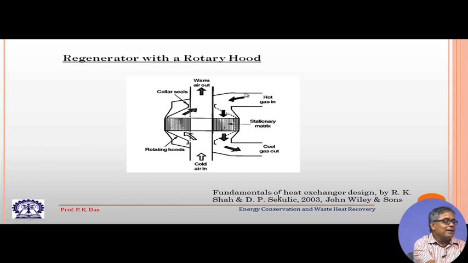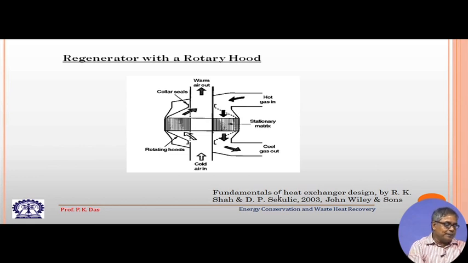So, that will make the hot gas pass through this part of the wheel, so that this matrix will get heated up, and next time this heat can be transferred to the cold gas. So, this is the working principle of a regenerator with a rotary hood.